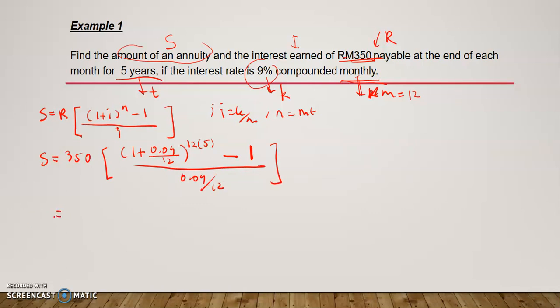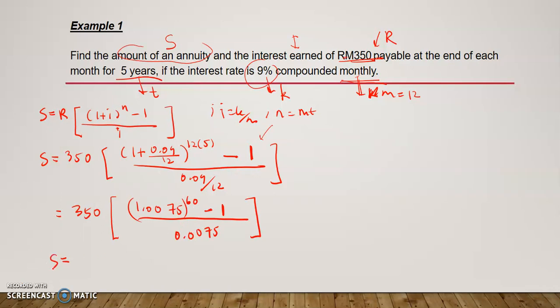Next, simplify your expression, and you will get something like this. The final answer is RM26,398.45. So this is the amount of annuity.